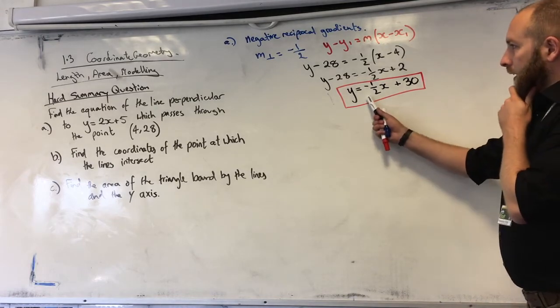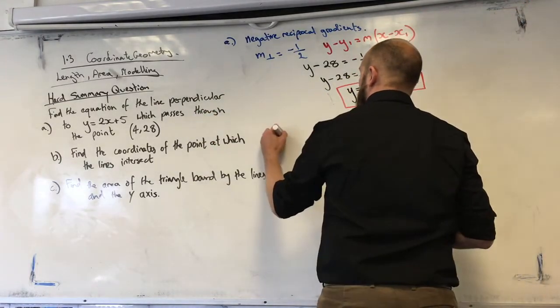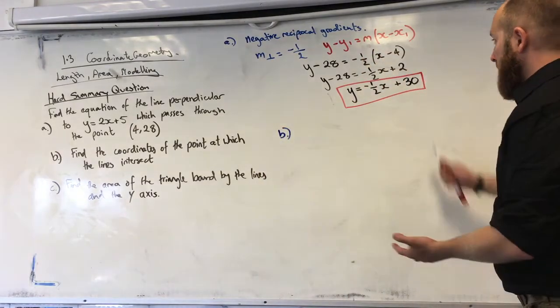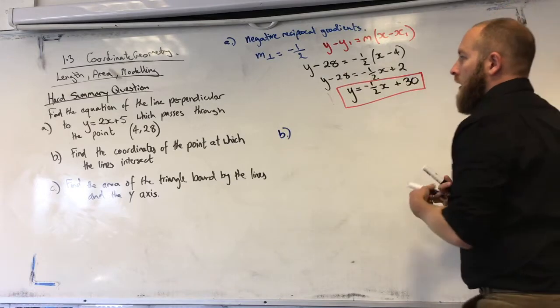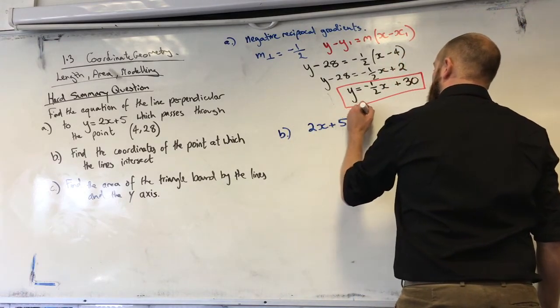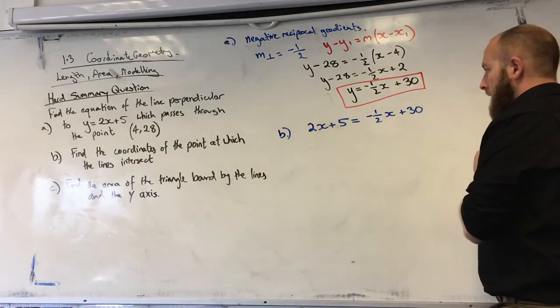Alright, part B, find the coordinates at which the lines intersect. So it's where this line meets that line. As we did before, we're going to solve them simultaneously. So I'm going to set y equal to y. So we get 2x plus 5 equals minus a half x plus 30.